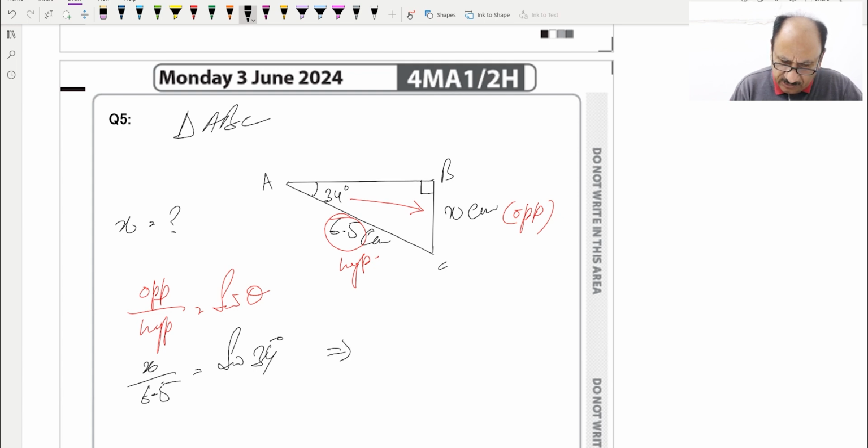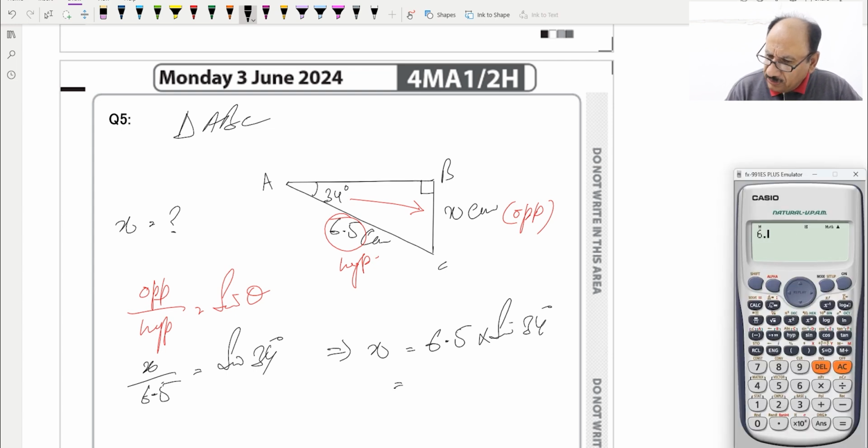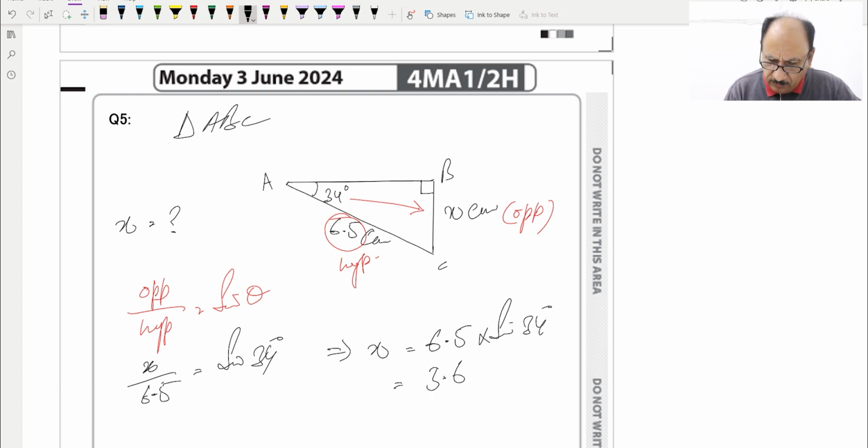This implies x is equal to 6.5 multiplied by sine of 34 degrees, which is equal to 3.63, so we can write 3.6 centimeters. This is the 3-mark part which we have done.